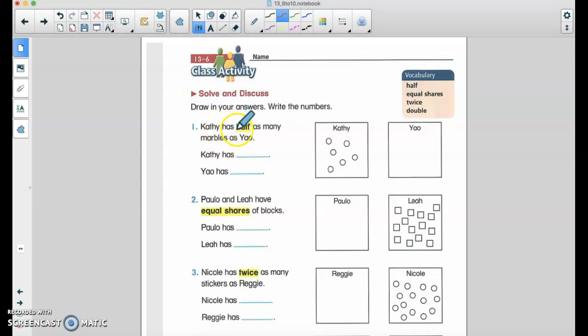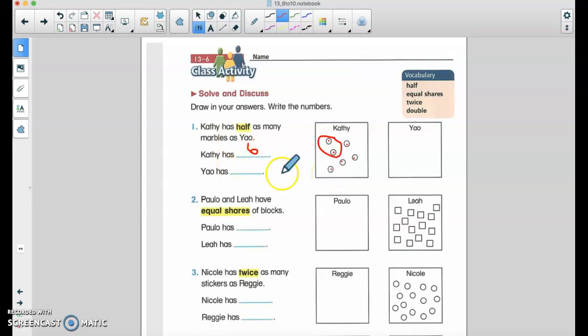Okay, so Kathy has half as many marbles as Yao. So first we have to count how many Kathy has. 1, 2, 3, 4, 5, 6. Kathy has 6, but Yao has half as many. So I would have to make 2 groups to make them both the same. If I circled this, do they have the same amount? 1, 2, 1, 2, 3, 4?